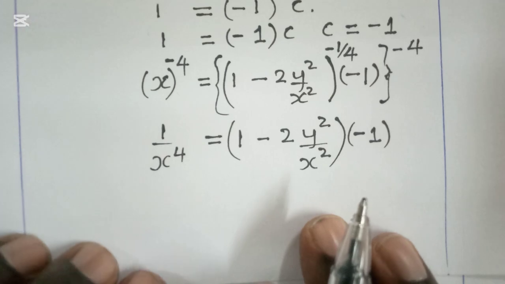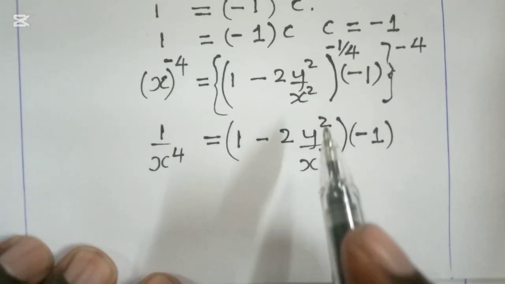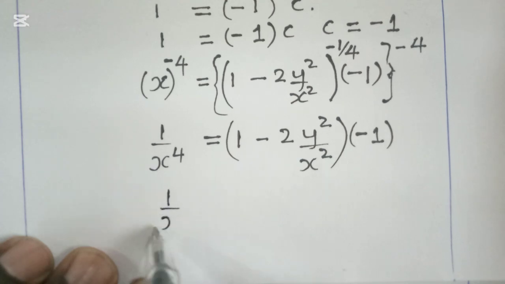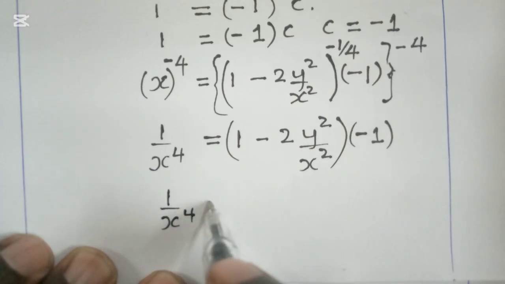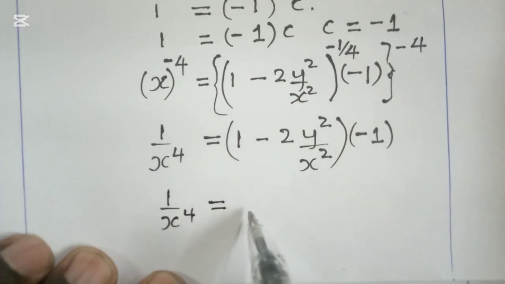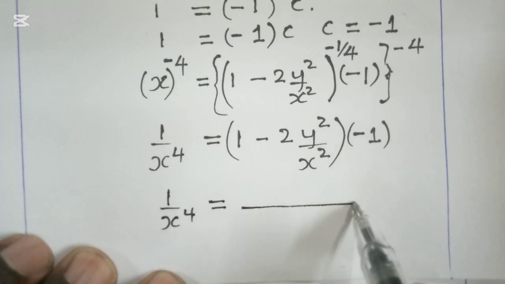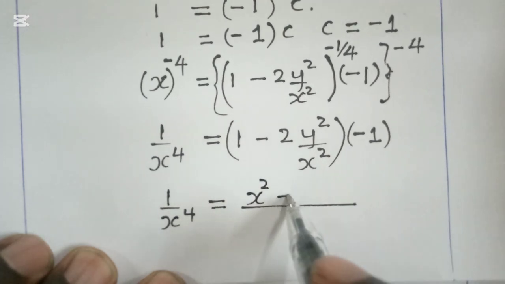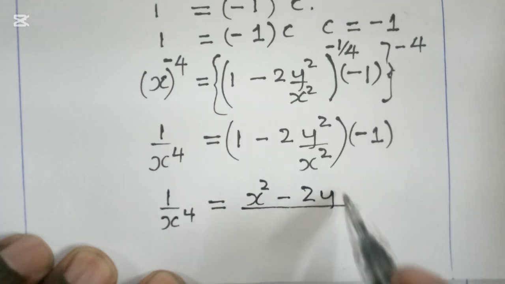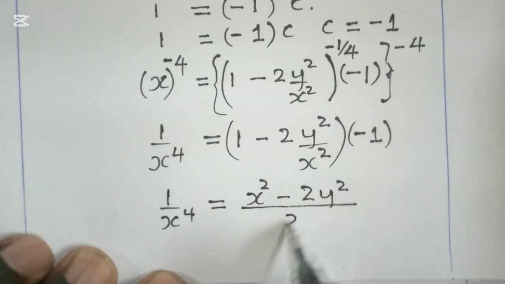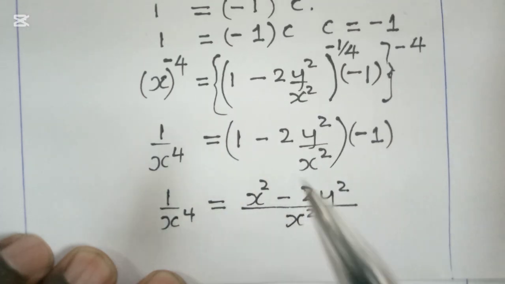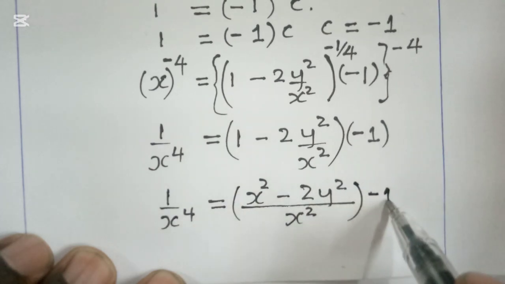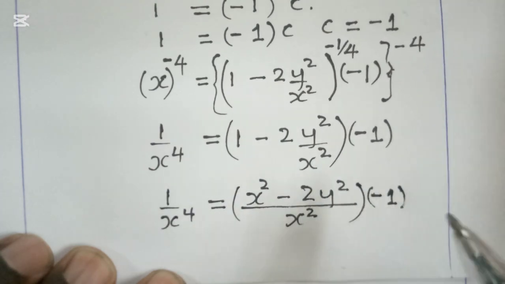From there, guys, we can put all these under the same denominator. So we are going to have 1 all over x raised to 4 equals, we put this under the same denominator, x squared minus 2y squared over x squared. And then we can multiply by negative 1.